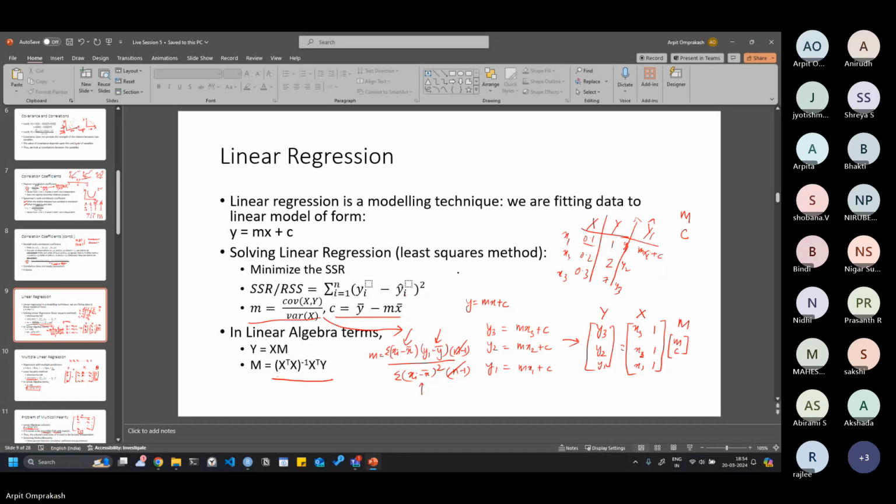In linear algebra, it's represented as the equation y is equal to x into m, where y basically contains all the y values, the y half of the equation.